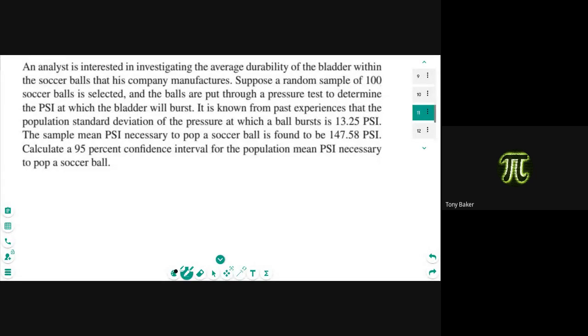So, random sample of 100, standard deviation, sample mean, 95%, which is 1.96 based on the table.